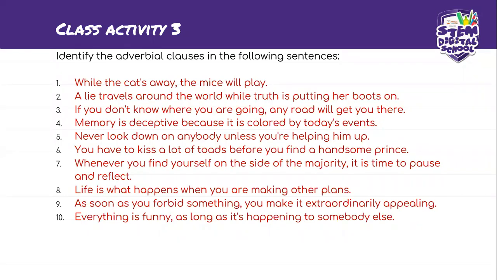That is our adverbial clause. Then the last one, everything is funny as long as it's happening to somebody else. Okay, so Asanda will have this last one. So I think it's as long as it's happening to somebody else. Yes, that is correct. As long as it is happening to somebody else.